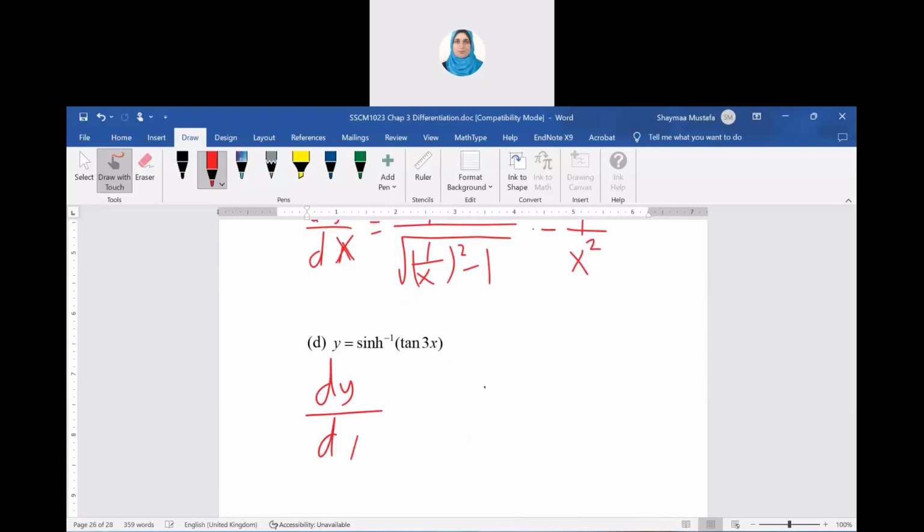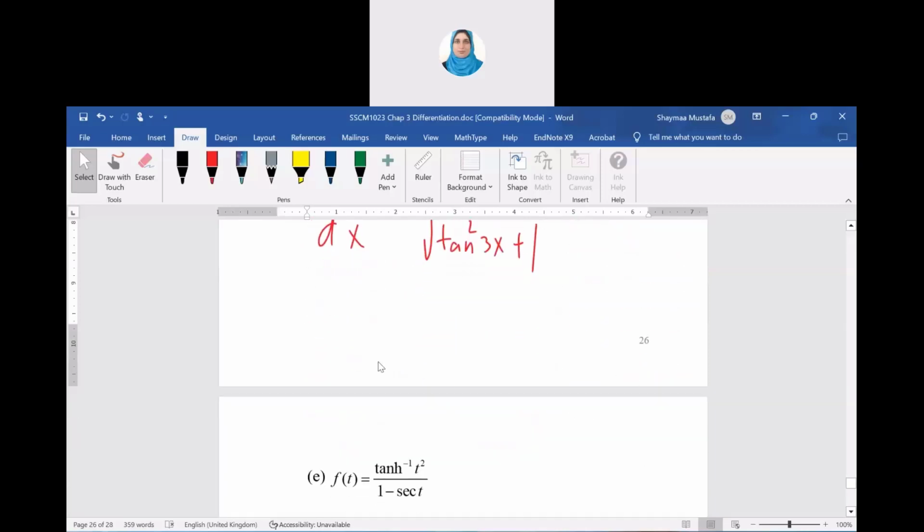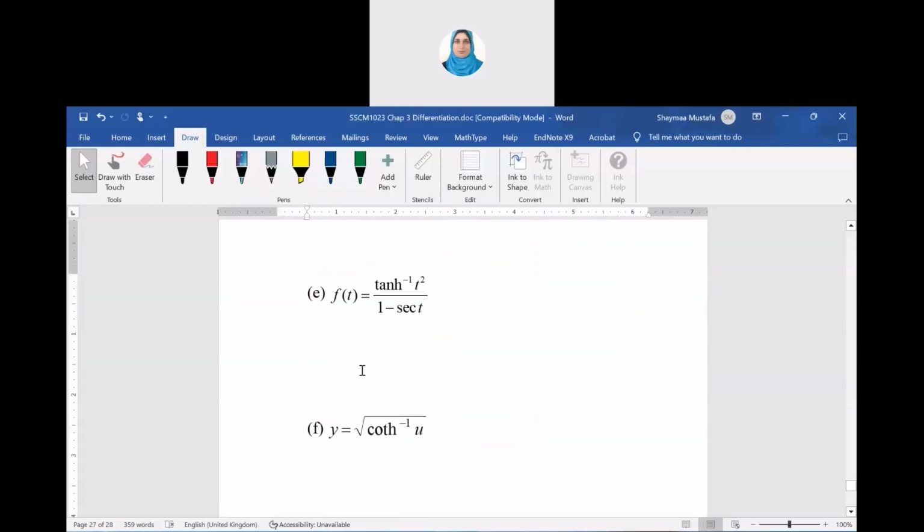So dy over dx equals 1 over square root of (tan 3x) squared, or tan squared 3x, plus 1, multiplied by the derivative of tan 3x, which is sec squared 3x multiplied by 3. So I found the derivative for sine inverse first, then the derivative for tan, sec squared, and the derivative for 3x is 3.